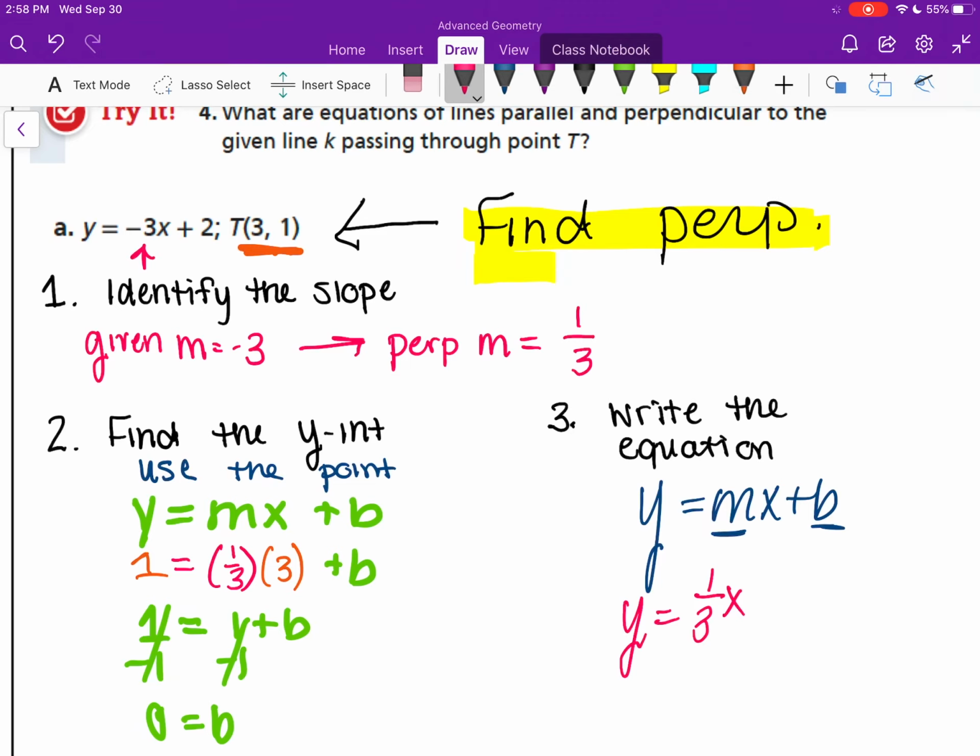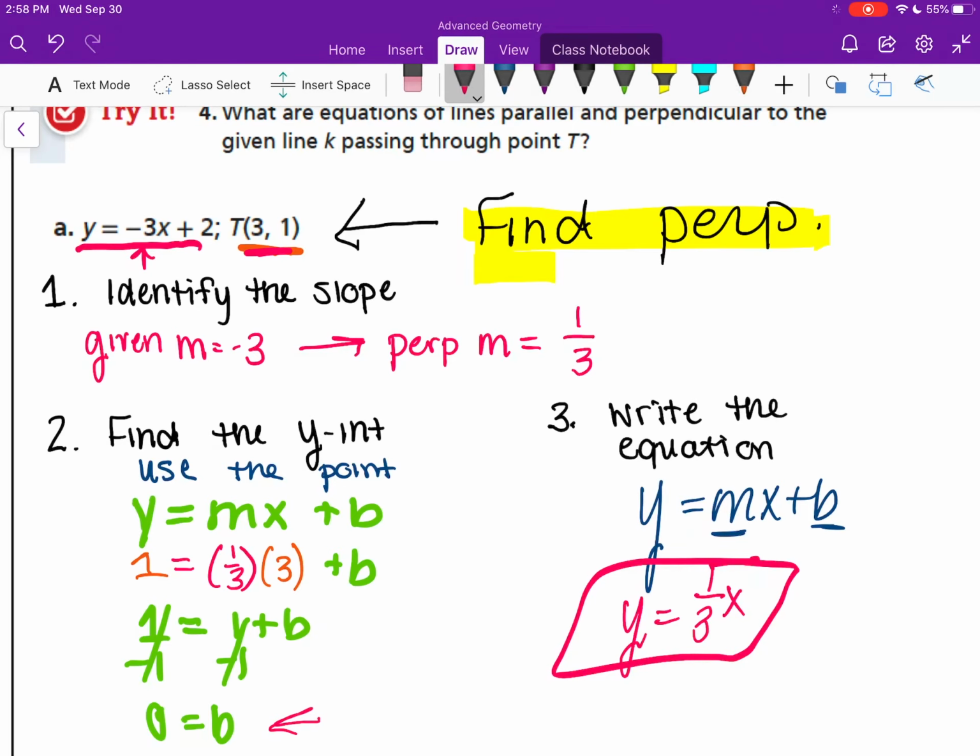My b value was 0, so I could write plus 0, but adding 0 does not change anything, so I don't need it there. I can leave it as y equals 1/3 x, the equation of the line that is perpendicular to this line and goes through this point T.